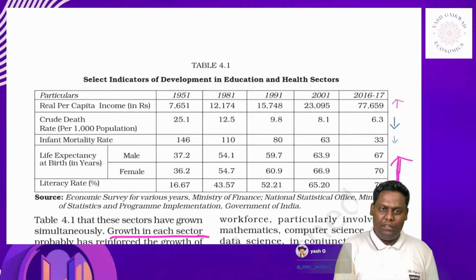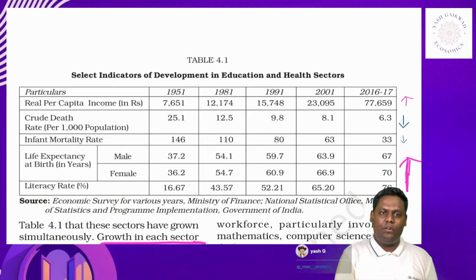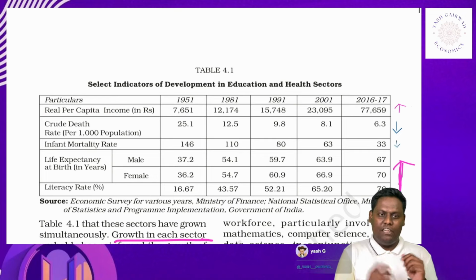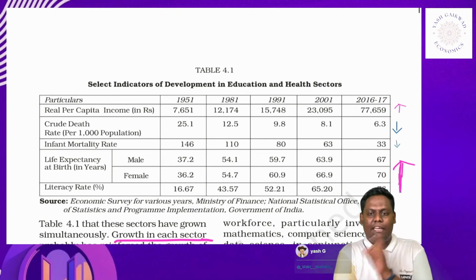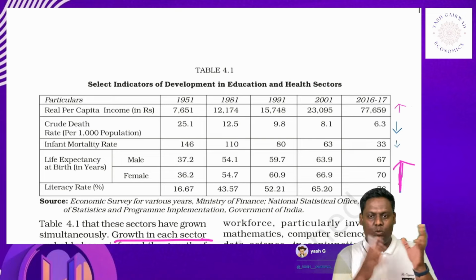This is a general table where we will see the effect of investment in human capital that has shaped India so far. Number one, the real per capita income, that is the inflation adjusted income that an individual earns in a society. And again, this is a notional figure.